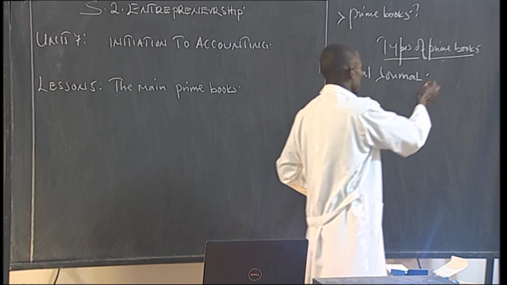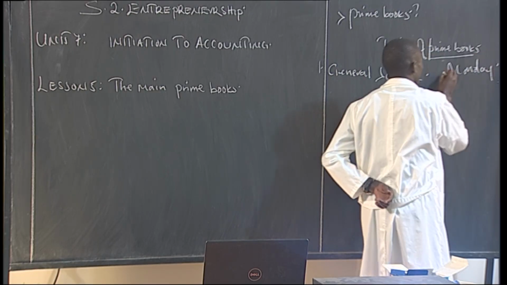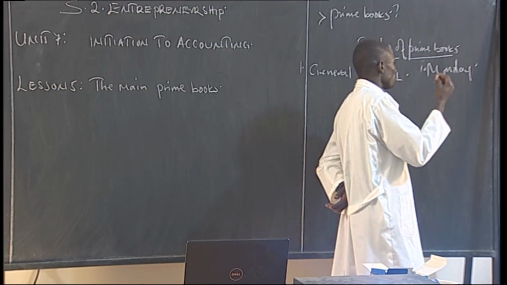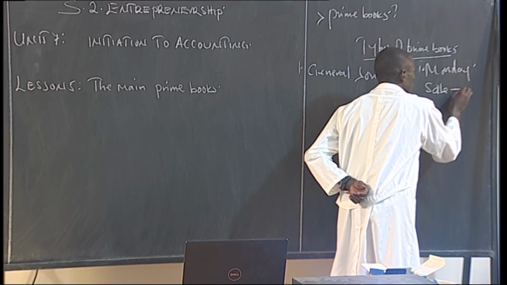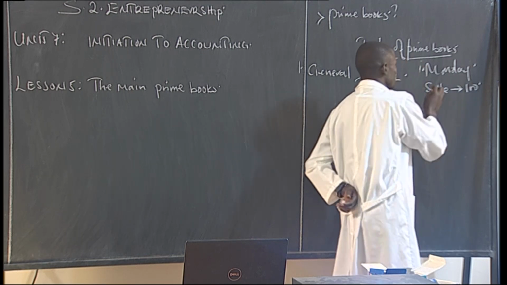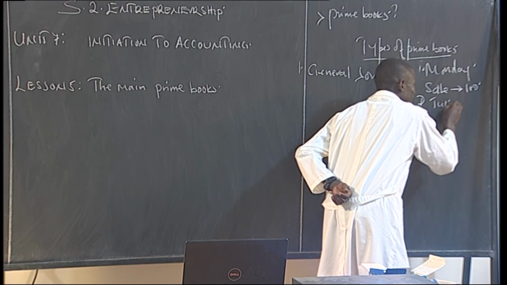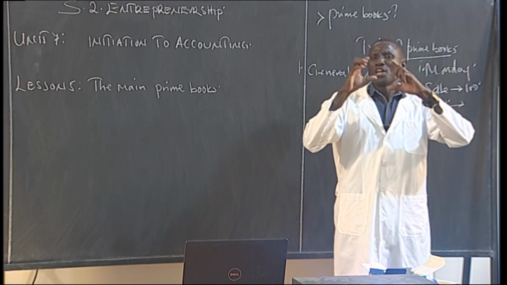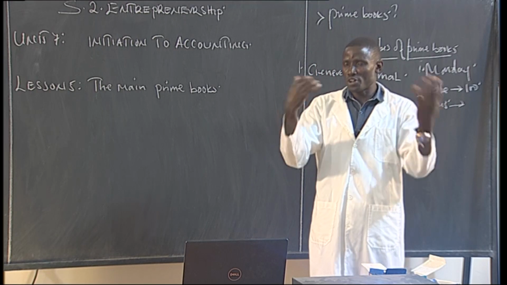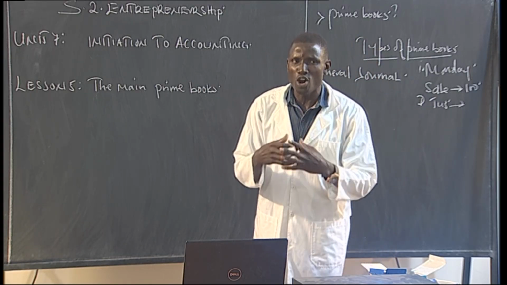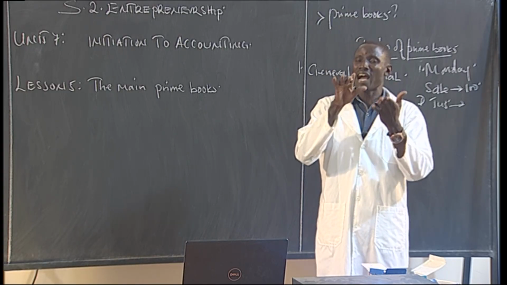You say, Monday, second week rather, I made these sales of like 100. Tuesday, also I did this. Isn't it? You find your transactions are systematic. That is what we call chronological records of all the financial transactions. Your financial transactions are systematic.